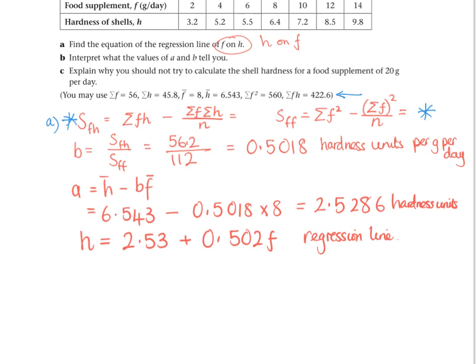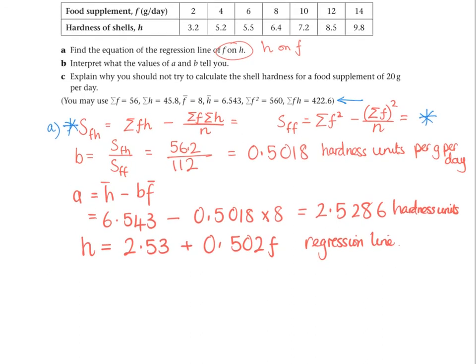Right, interpret the values of A and B. What do they actually tell us? So for part B then, we've got A, and that actually tells us the shell strength when no supplement is given.